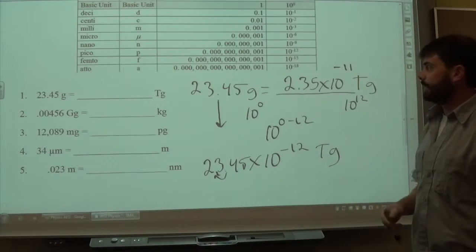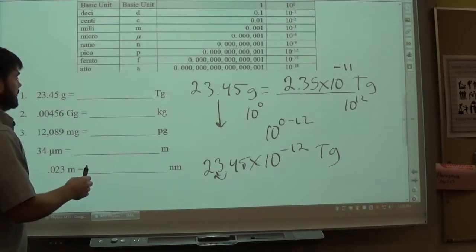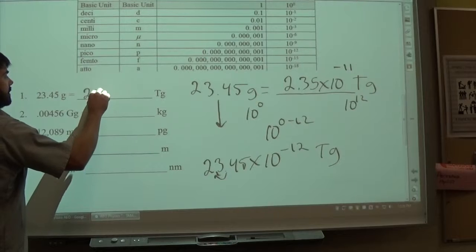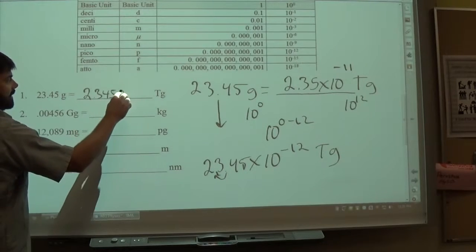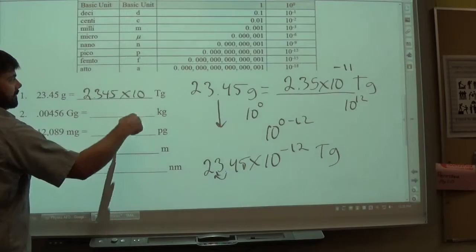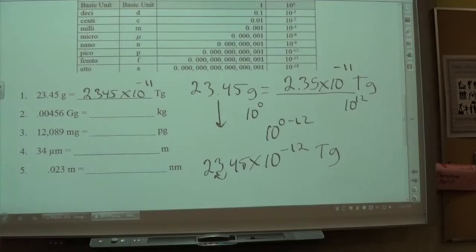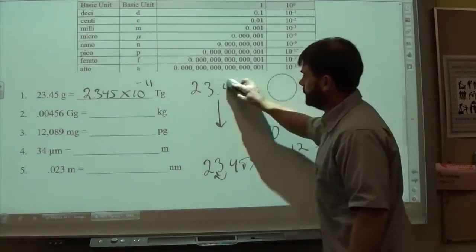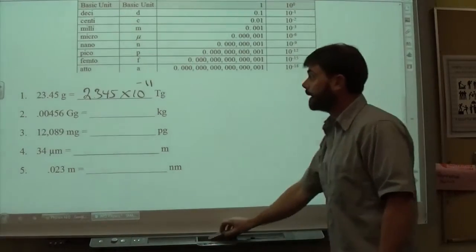So this is the actual value that I would get for 23.45 grams. I would end up with 2.345 if you want to write it like that. I rounded it. The biggest thing I'm looking for is where is the decimal and what's the exponent value. It looks like that. So I'll do the rest of these also, if you guys want to continue to watch here.